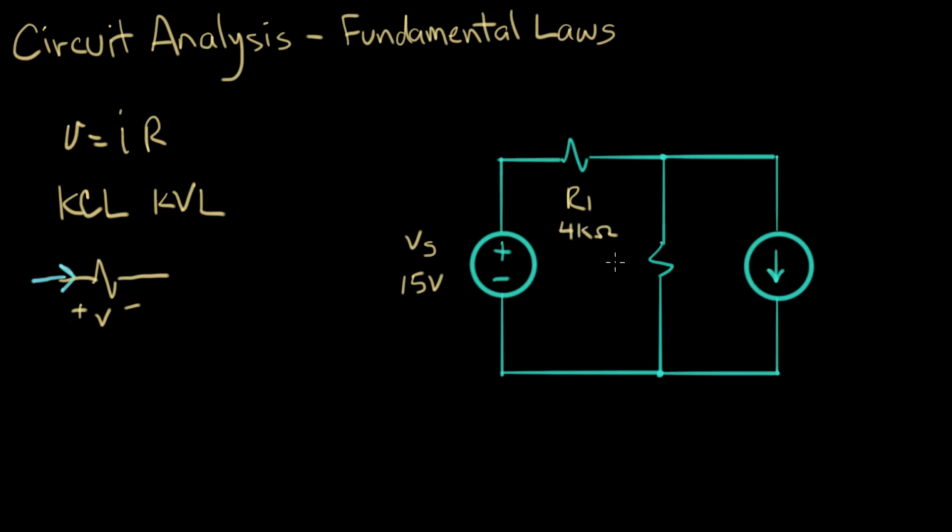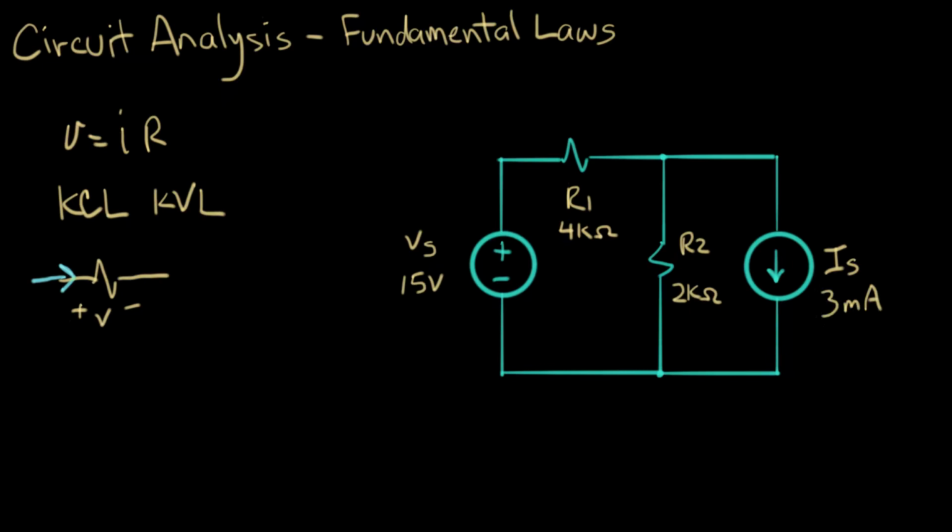And another resistor, R2, is sitting right here, and we'll give it a value of 2K ohms, 2,000 ohms. And finally, there's a current source sitting over here, and it has a value of 3 milliamps flowing downwards.